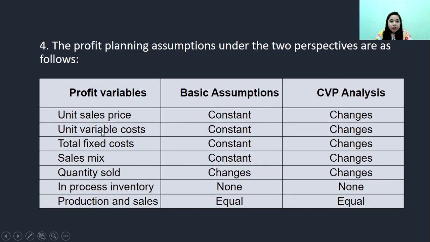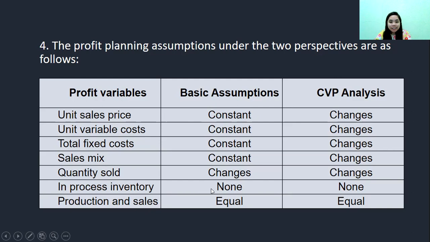Then next is unit variable cost. The basic assumption is constant, the same with the unit sales price, also the total fixed cost and the sales mix. The quantity sold, of course, changes, and when it comes to CVP analysis, it changes. Work-in-process inventory is none.